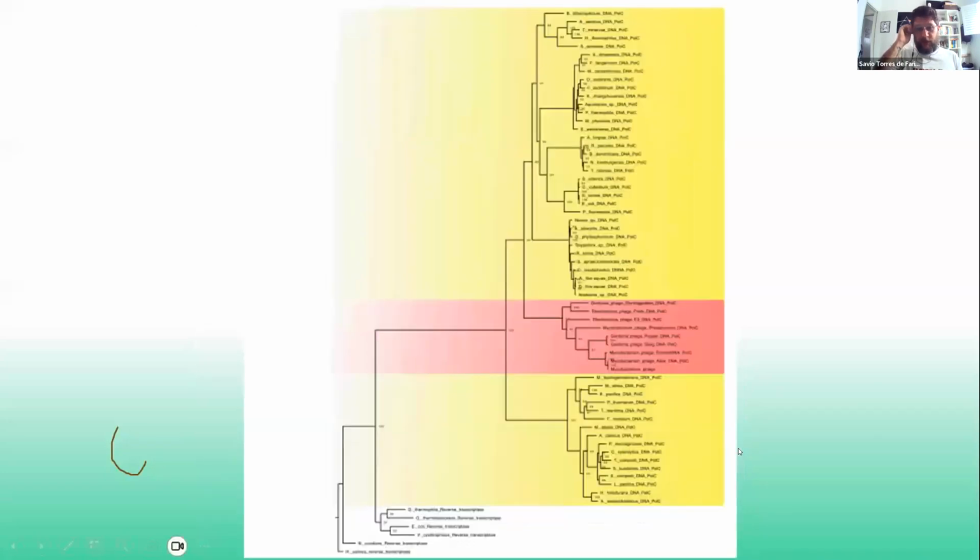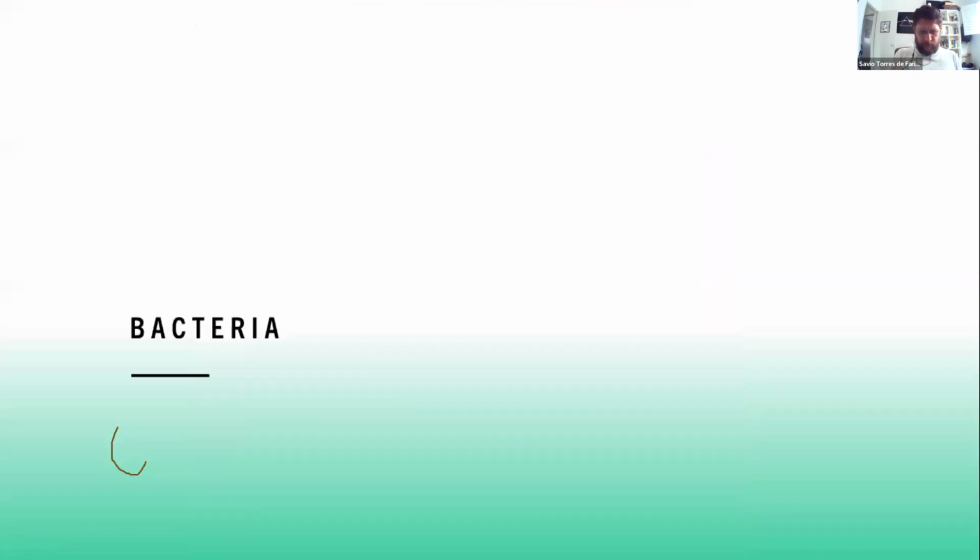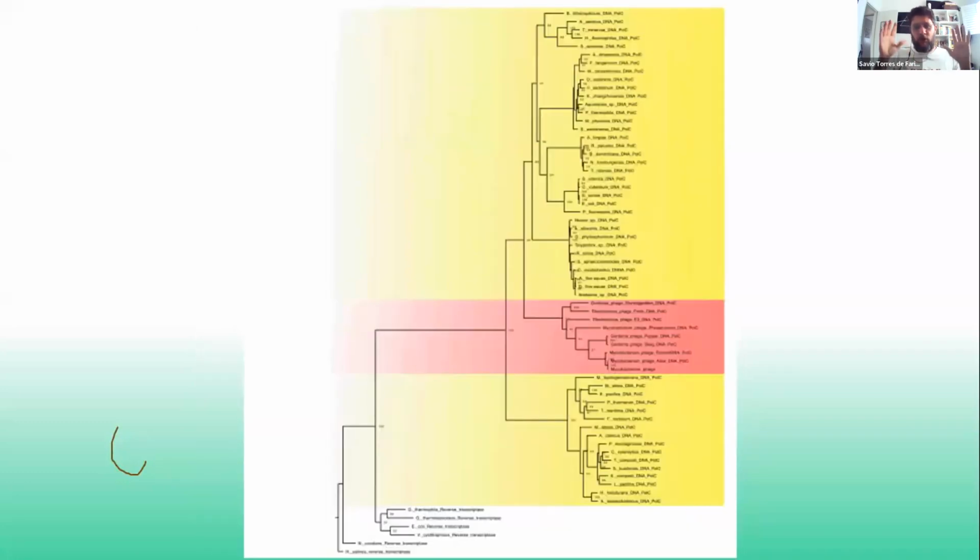When you look at the C family, we can find it just in regular bacteria, and we have a similar pattern. The first group to diversify is composed of a group of bacteria. In this case, this is very interesting because this group in its majority is composed of extremophile groups.